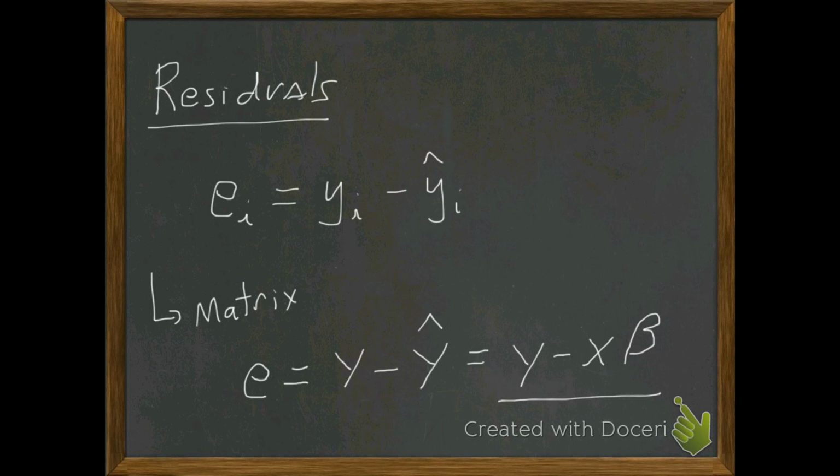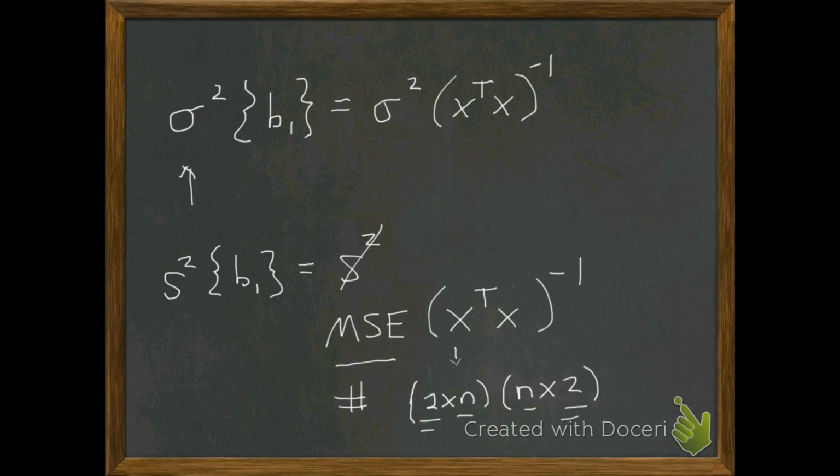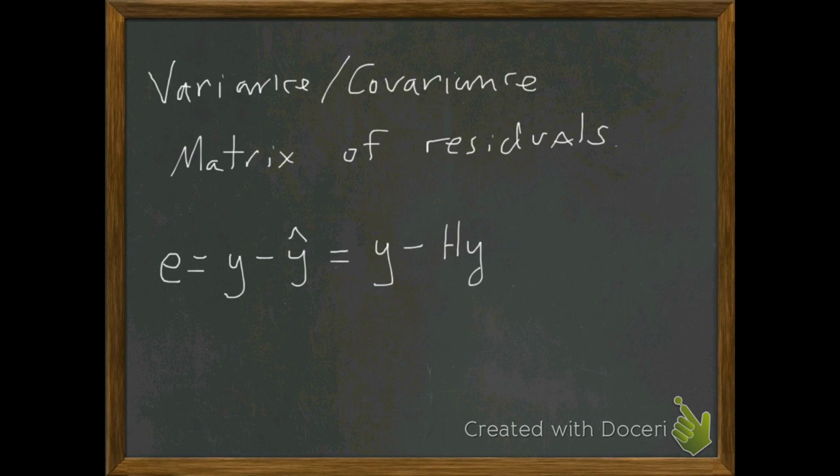So y minus Xb, yeah, here. So that can be expressed as y minus hy, which we could re-express like this.